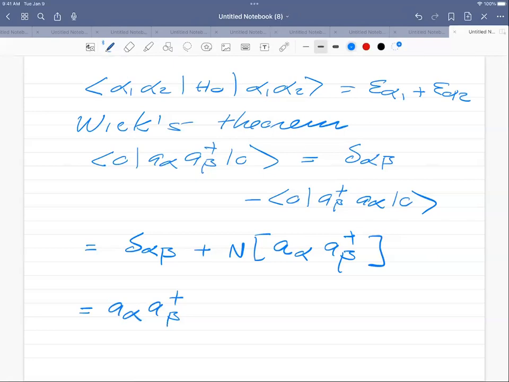So the operators create a particle in a given single-particle slot. We would typically write this like this, and this is normally called a contraction. So we are contracting the operators so that alpha has to be equal to beta. And then we have the normal ordered product of N, A alpha, A beta.